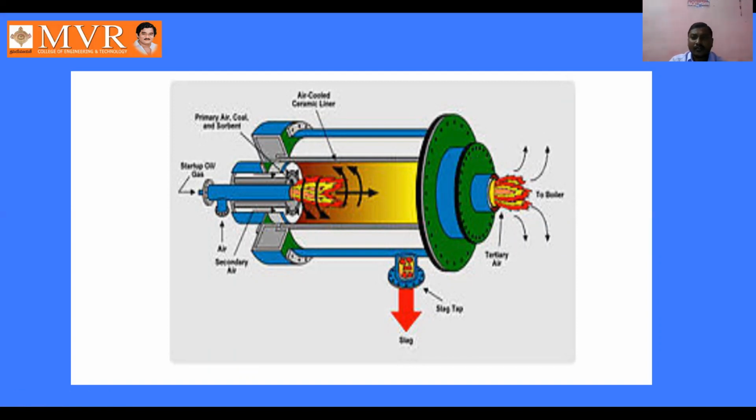The coal is crushed in the crusher and goes to the bunker, and it enters the feeder.